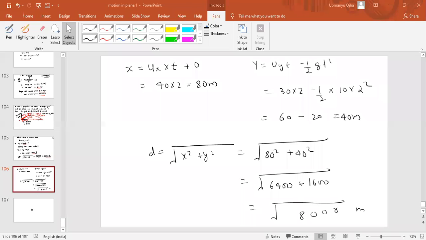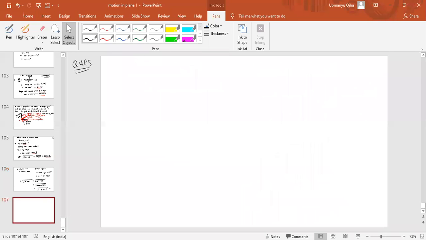Okay, next problem is: a particle is projected with speed u at an angle theta.